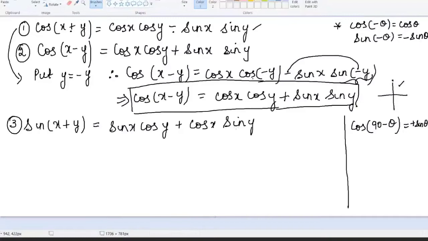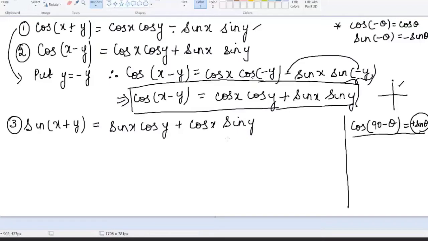So I'm using this concept. So look at this concept once again. Sine theta is nothing but cos 90 minus theta. Now the question that appeared is of the form sine theta, so I will write that in terms of cos 90 minus theta, because I know the cos x minus y formula.